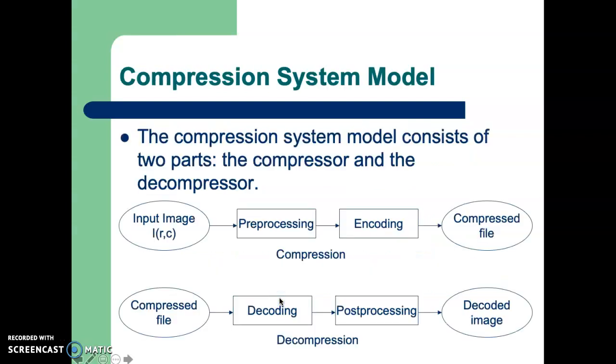So this is the compression system model, where you have the compressor and the decompressor. The compressor will compress your image. Once you compress, your image will be saved in your hard disk, or transferred to another location.